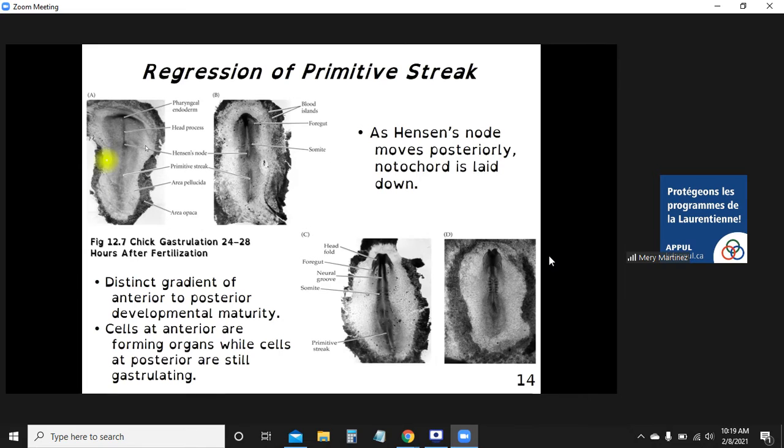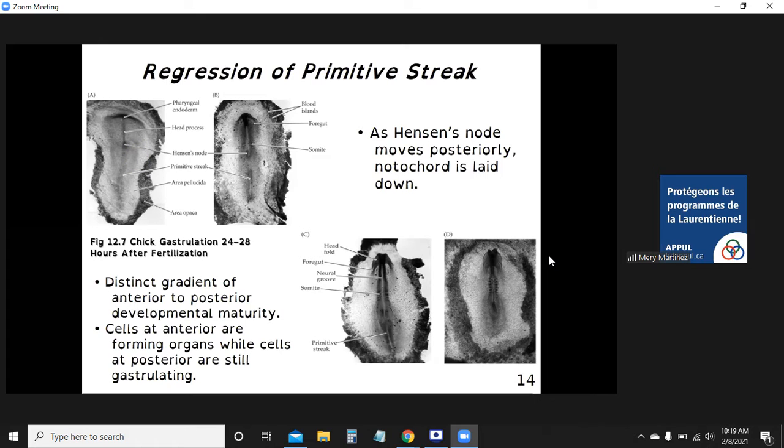The parts that are anterior are more mature than the parts that are posterior, because we need that Hensen's node to regress. Okay? So we're going to have some cells still going through gastrulation at the back, but we have cells doing neurulation at the front of that embryo.